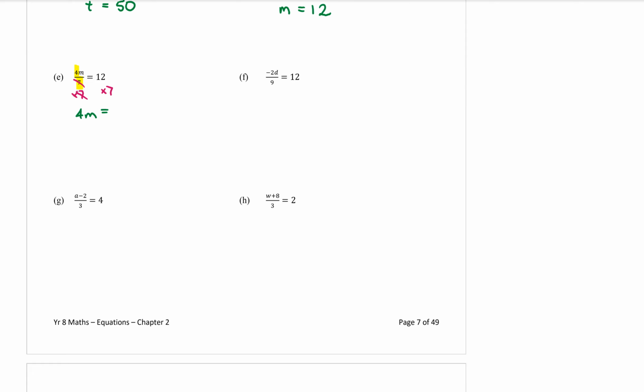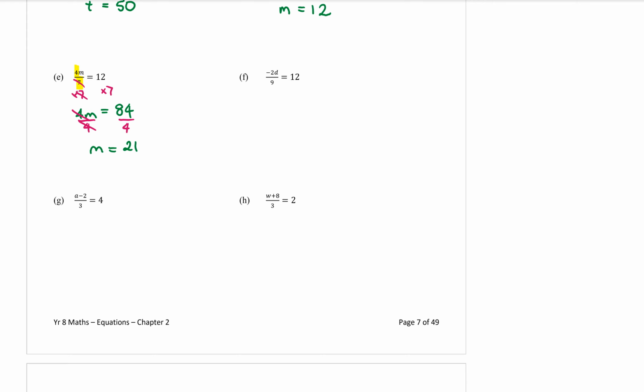And 12 times 7 makes 84. Then to get rid of the 4, I need to divide by 4. Cross those away. Now m is by itself, and I go 84 divided by 4, and I get my answer, which is 21.